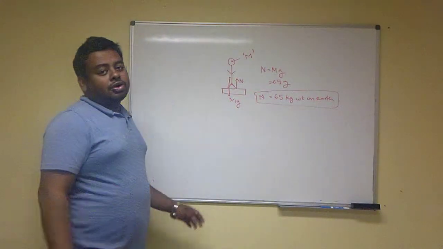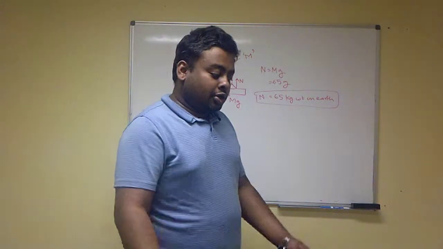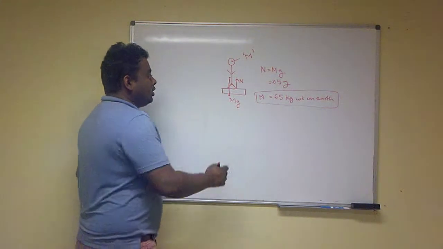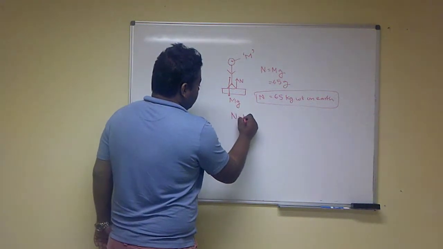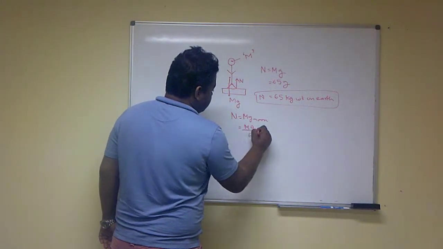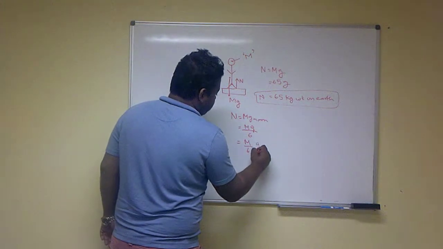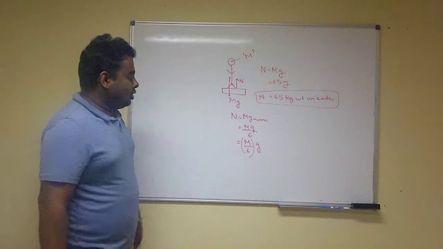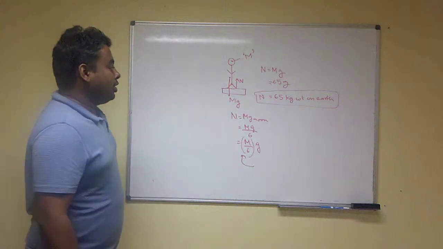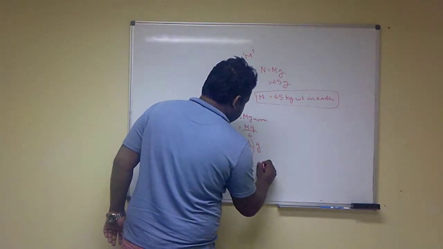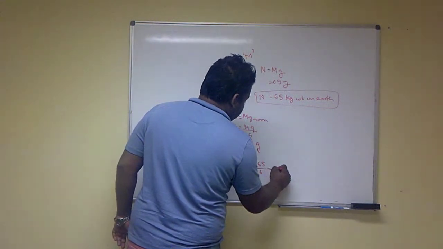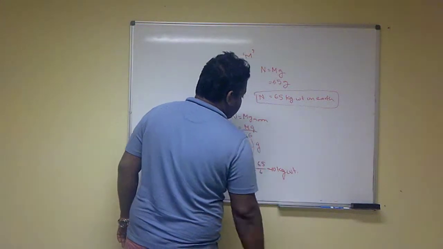Now, for example, if you are not standing on Earth but you are standing on Moon, where the acceleration due to gravity is not G but G by 6, then in that case the force is M G by 6, which is M by 6 times G. You will be much lighter, and your weight with respect to Earth will be, for example, some 10 kg weight, right?